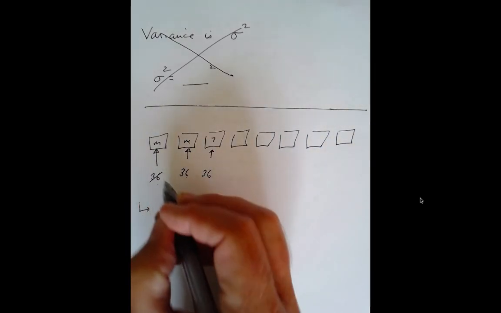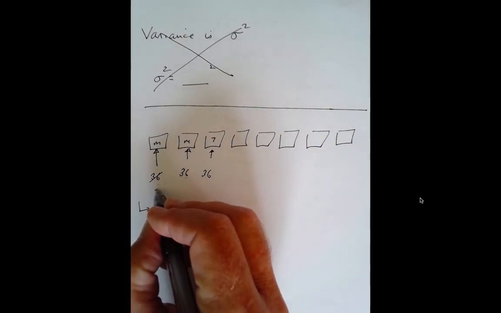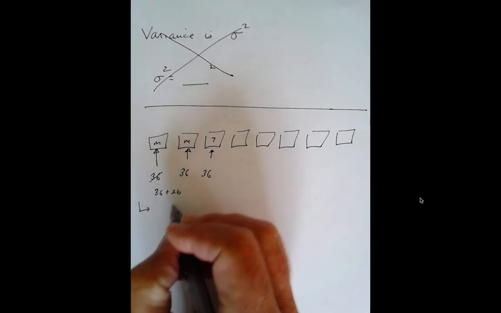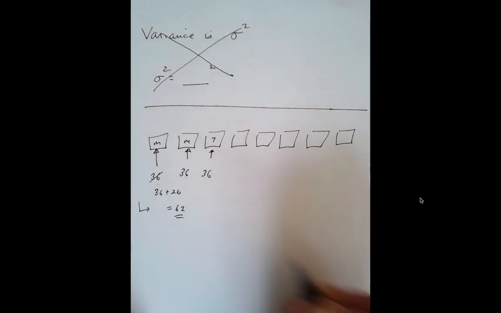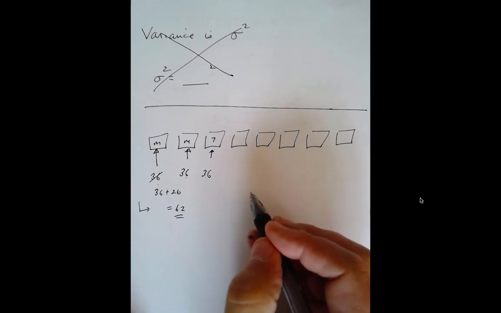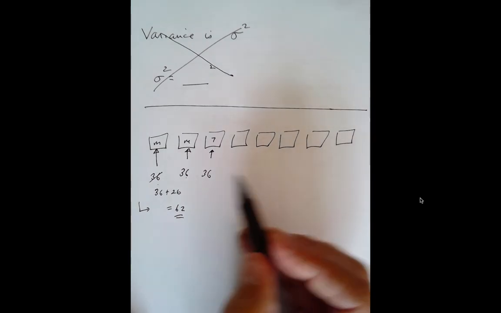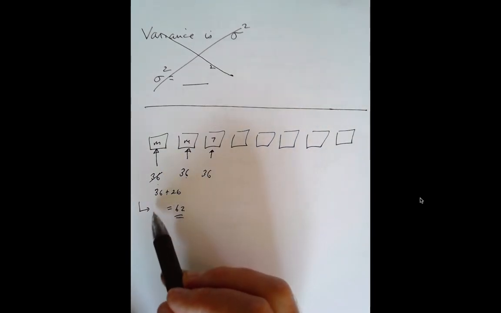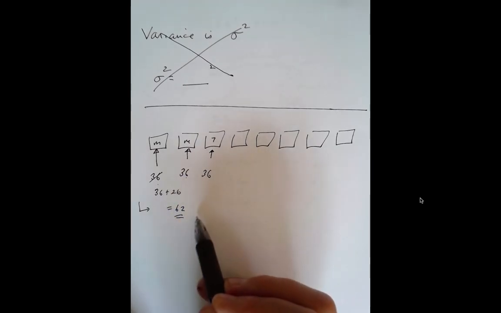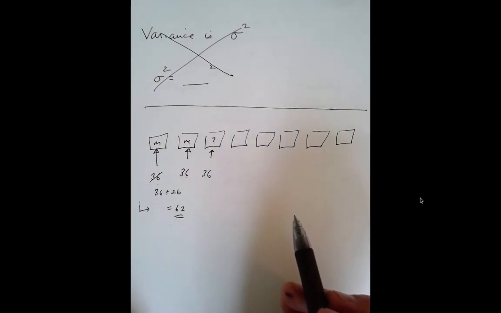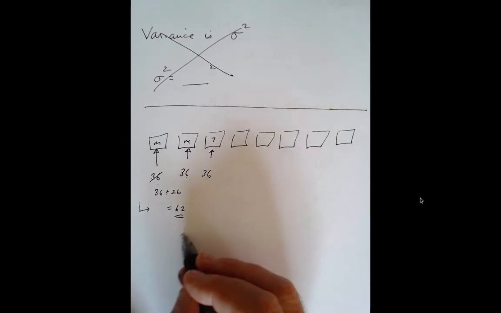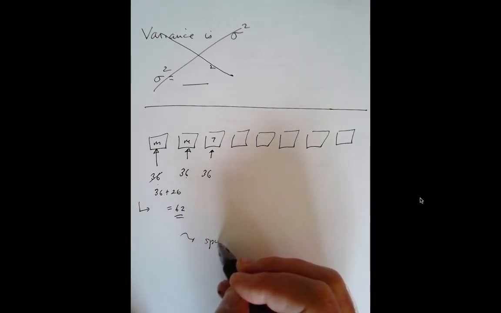Well, this 36 becomes 36 plus 26 more, so you have 62 possibilities in each one of these. And you can look at your calculator, the number of outcomes increases drastically. Then throw in special characters.